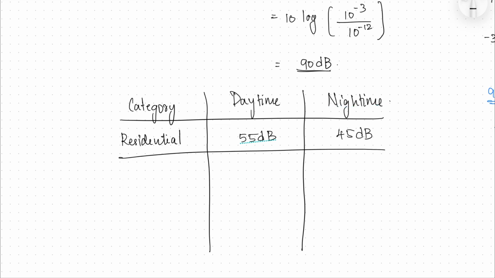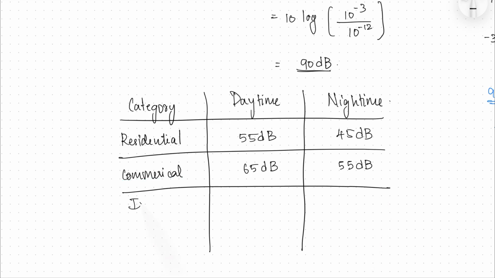Then you have commercial zones. In daytime it can be 65, in nighttime it can be 55. You have industrial areas.